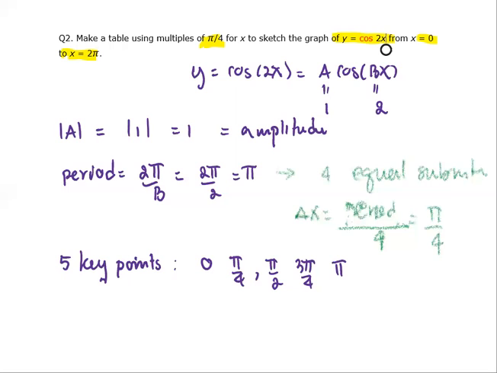And then you keep going with the same increment to get 5 pi over 4, and then 3 pi over 2, 7 pi over 4, and the last one is 2 pi.